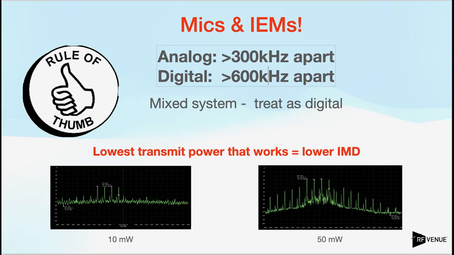So here's 2 microphones or 2 in-ear monitor transmitters. You can see if you transmit at 10 milliwatts, you can see what the residual noise from intermod looks like. And if you transmit same mic, same place, they're the same 4 mics, but you raise the power level, then you get considerably more interference.